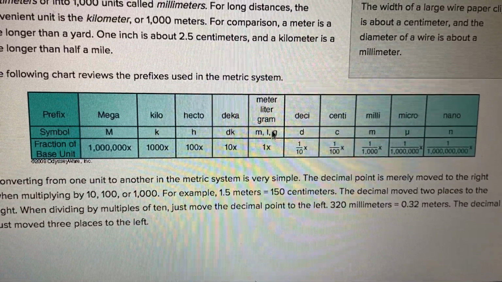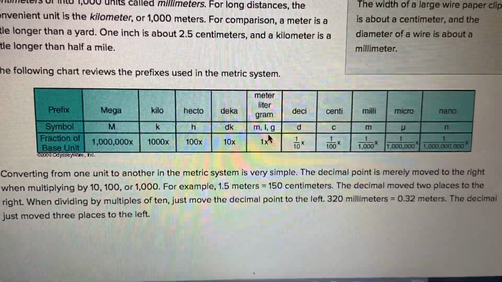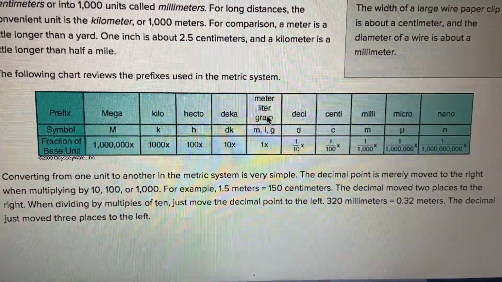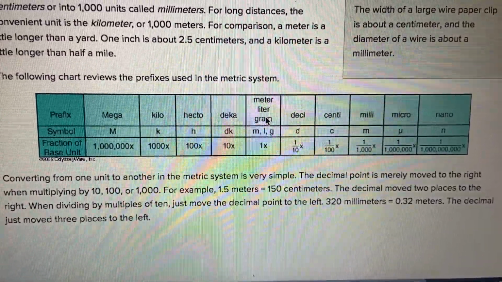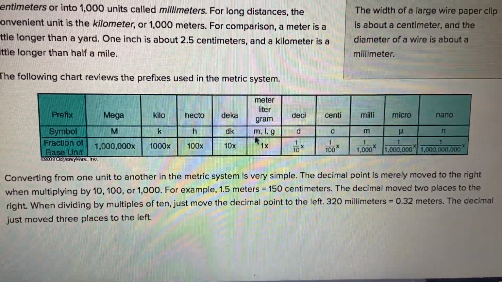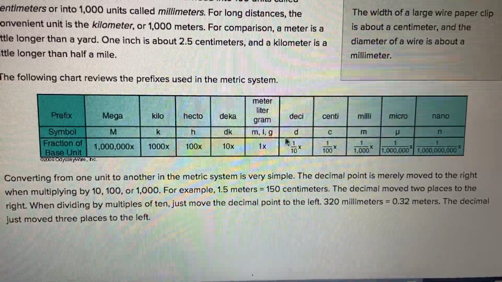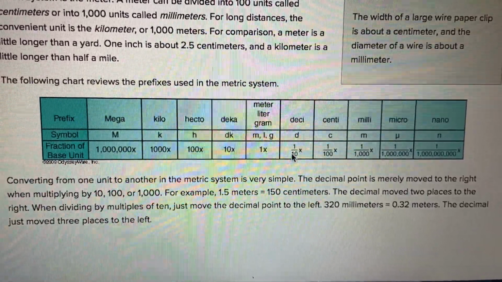So in the middle here is your base unit, a gram, a liter, or a meter. When you have a decimeter, or a deciliter, or a decigram, then you have a unit that is smaller than 1, okay? So as a fraction, this is represented as 1 over 10.